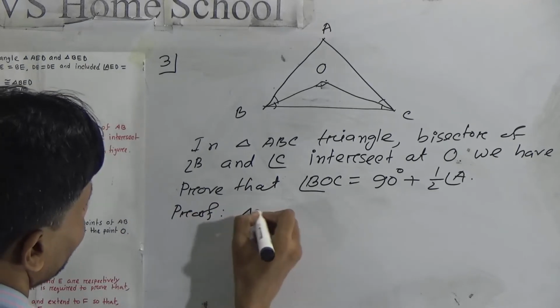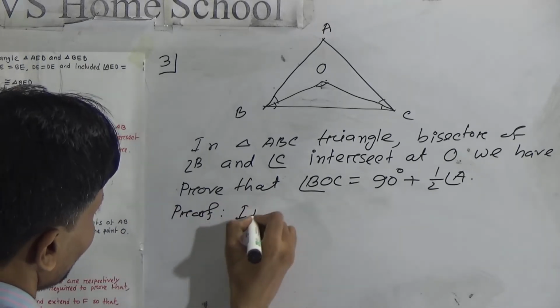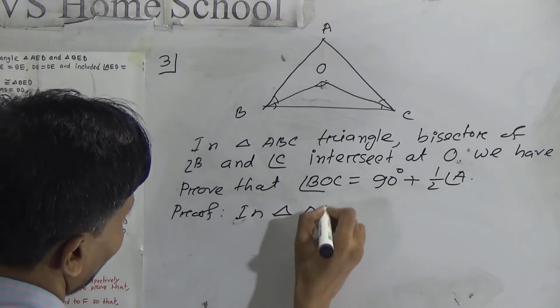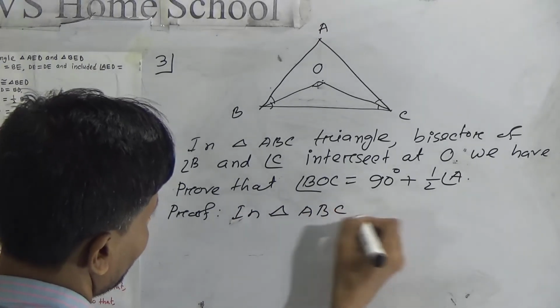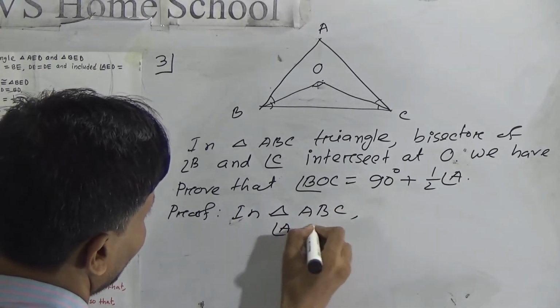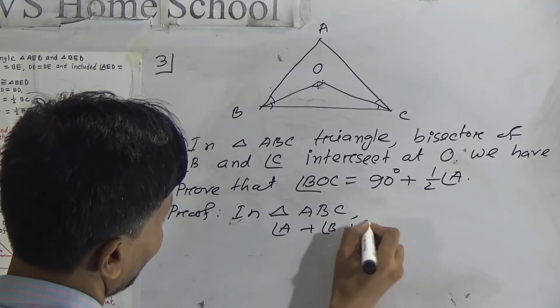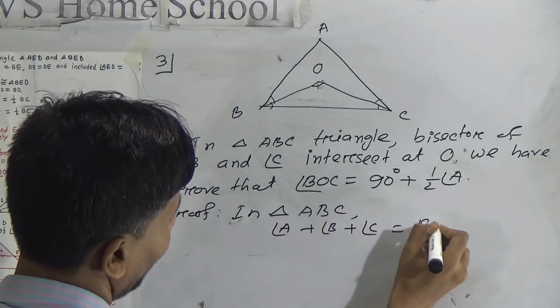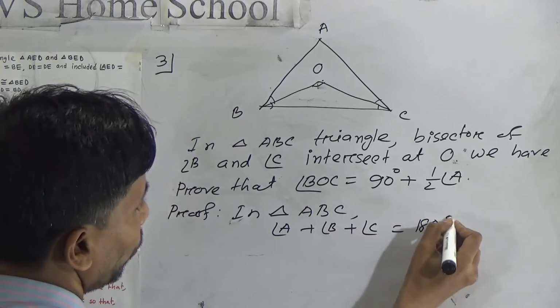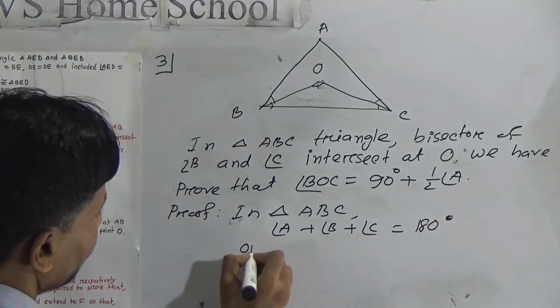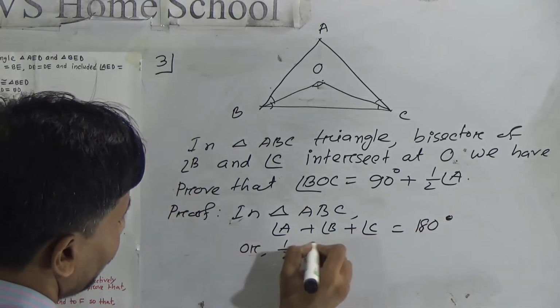Look, in triangle ABC, angle A plus angle B plus angle C equal to what? 180 degree. We know it.